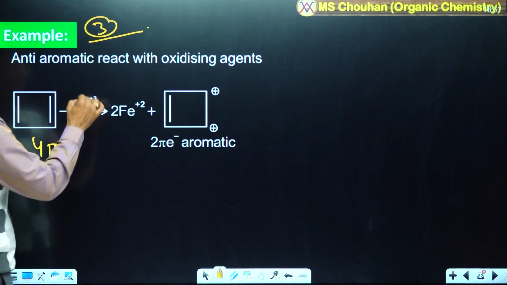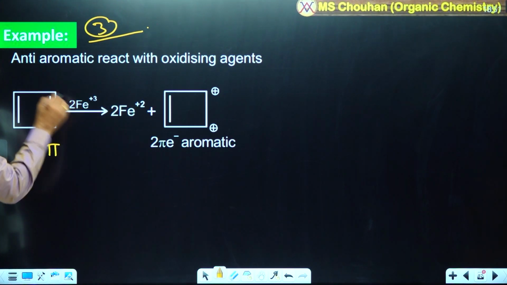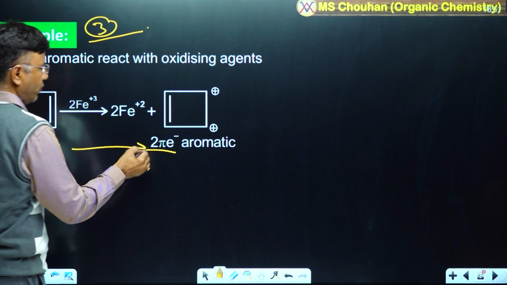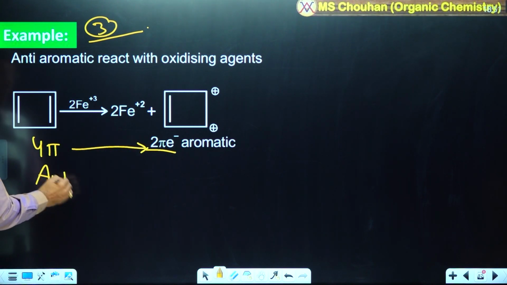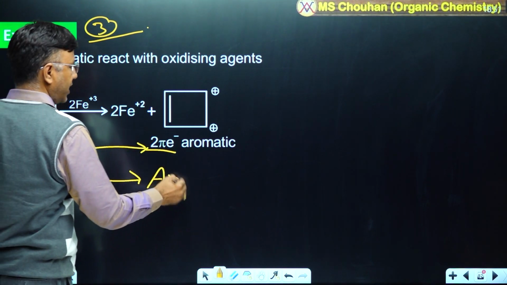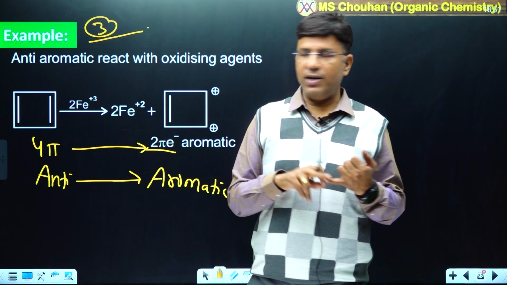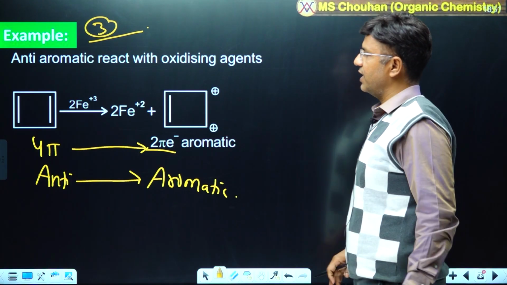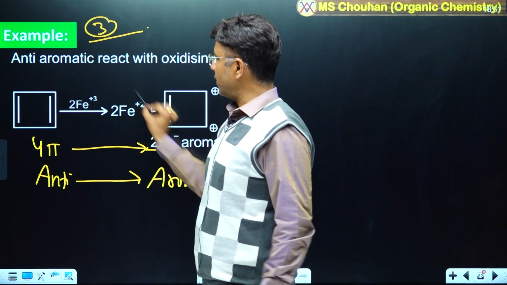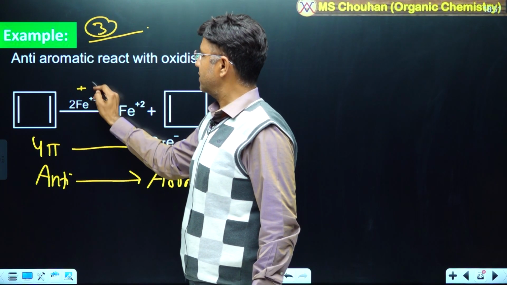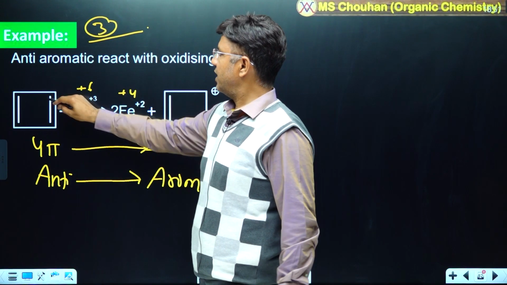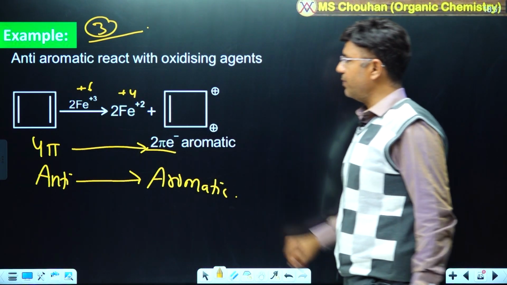If I use ferric ion, it will convert into ferrous, means 4 pi will convert into 2 pi, means anti-aromatic will convert into aromatic. So anti-aromatic reacts with active metal, anti-aromatic reacts with oxidizing agent. Twice of ferric converts into twice of ferrous, means plus 3 to plus 2. This means it will lose 2 electron so that it becomes aromatic.